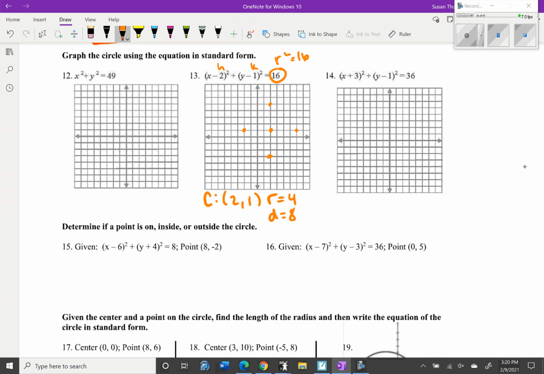And then draw your circle as best as you can. I know that this is the hard part, so we know it's not going to be exactly perfect, but get your circle as good as you can. So that would be our circle drawn. So you guys do 12 and 14.